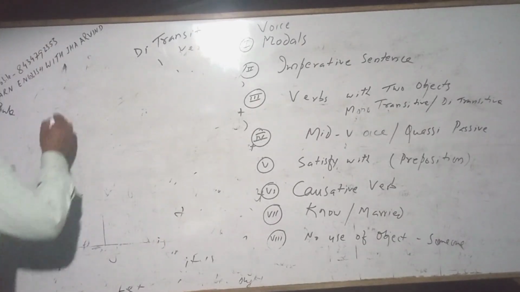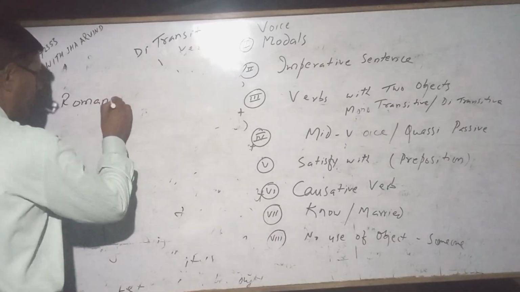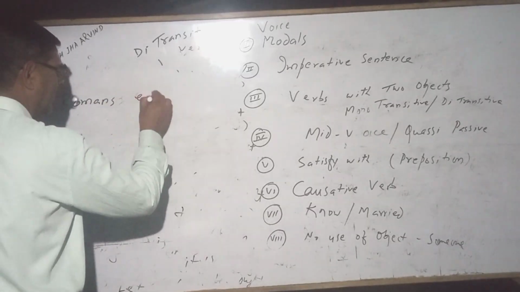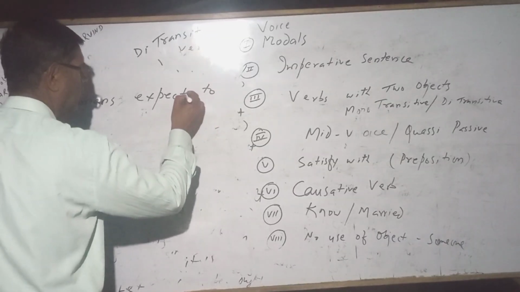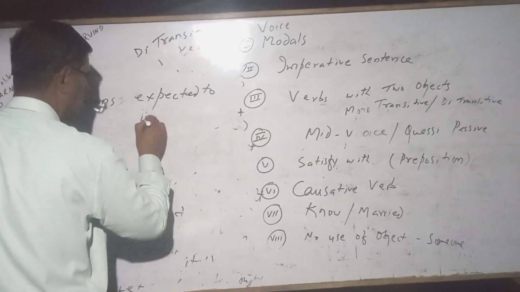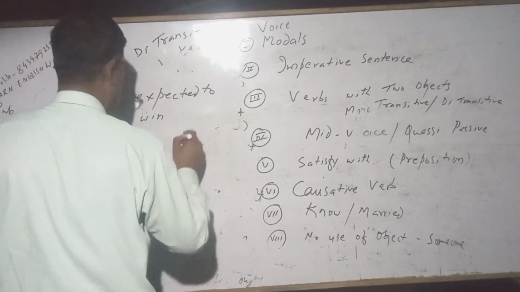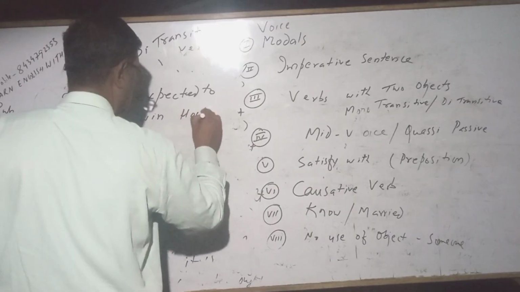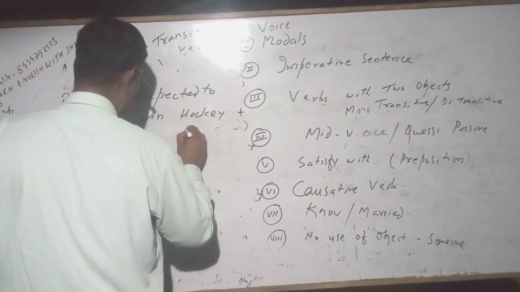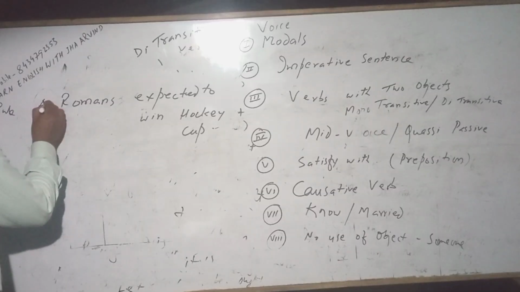For example, Romans expected to win hockey cup. Okay, it has different role.